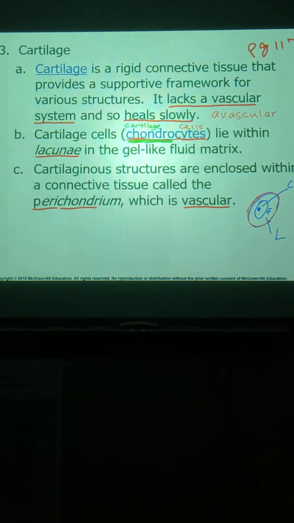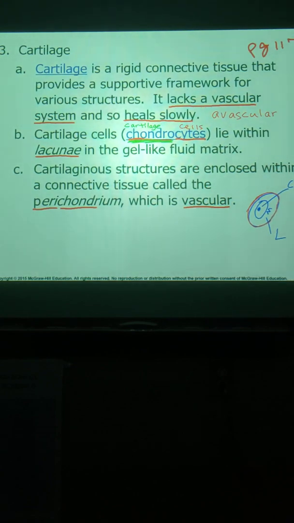Basically what they're saying here is cartilage cells are found in a little pocket. The pocket is called a lacunae, and then you're going to see another covering that they're going to talk about in C, because cartilaginous structures are enclosed in a connective tissue called the perichondrium, which is vascular. Peri, which you're not there yet, but we have another page or two in your vocabulary.